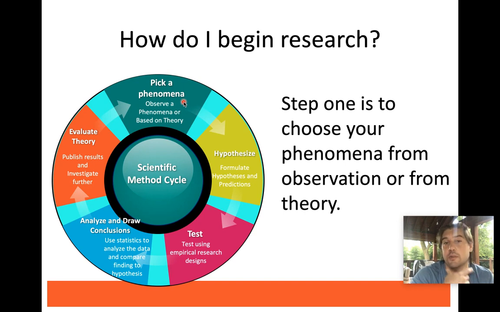There's probably even been some work done on distance relationships. Maybe my new wrinkle is going to be about the addition of technology or something like that. But it's important to note that when I pick my phenomena, I'm not just grabbing things out of thin air and making stuff up. I'm looking at previous research, previous work that has been published on the topic, and I'm basing my choice of phenomena on that established work and established theory.